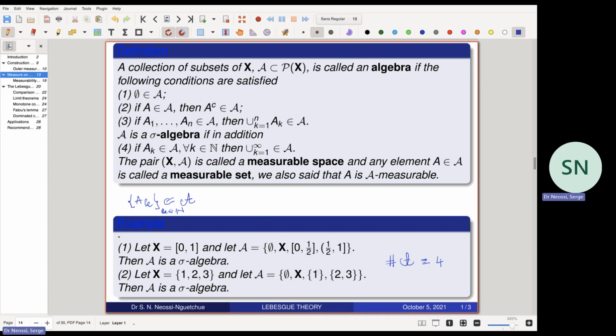Now from this sequence, we can take, for instance, A1 to be the empty set, A2 to be X, A3 the singleton one, A4 the pair 2, 3.